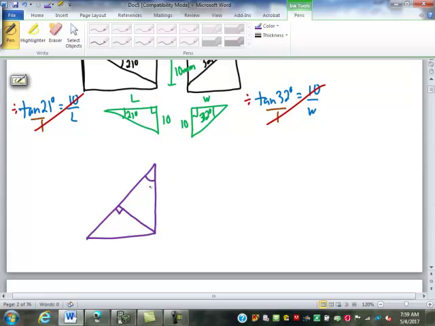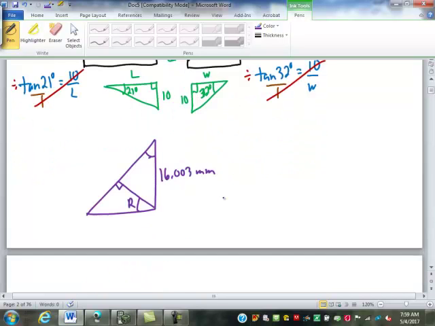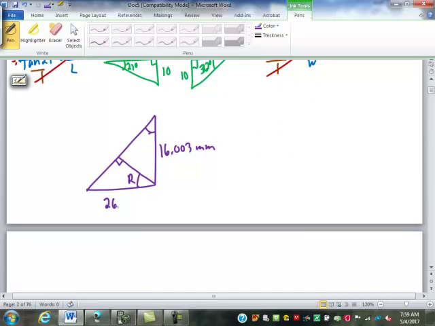This is the angle we're looking for. This is R here, but this angle is going to be the same. We know that this is 16.003 and this is 26.051.